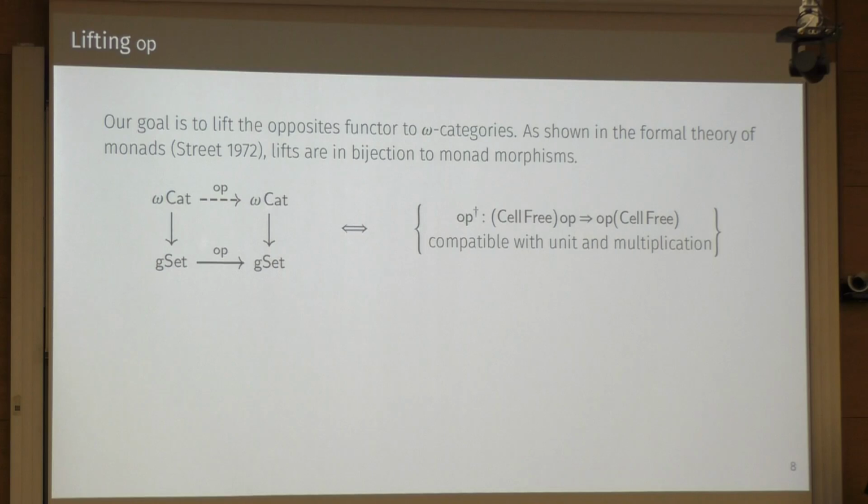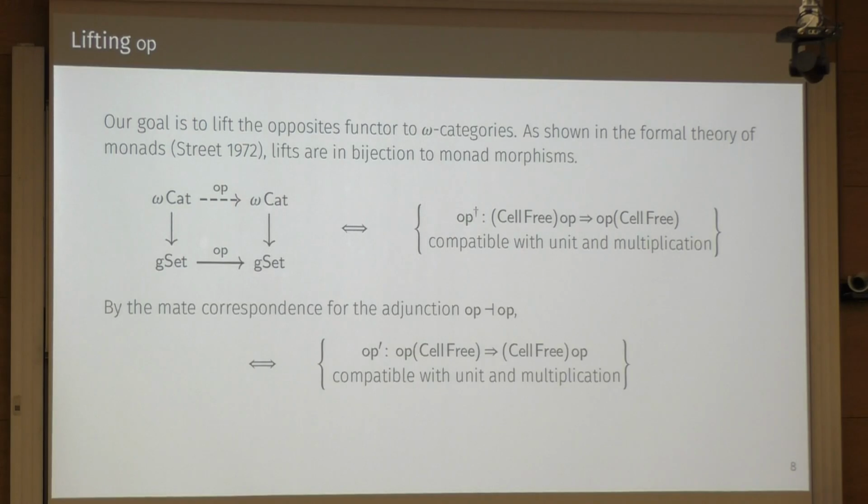This is equivalent to defining a morphism of monads from the free omega category monad to itself, but over the equivalence op that we have. And by the mate correspondence, we can transpose this again to get a morphism from op of the monad to the monad composed with op that satisfies certain compatibility with the multiplication and the unit axioms.